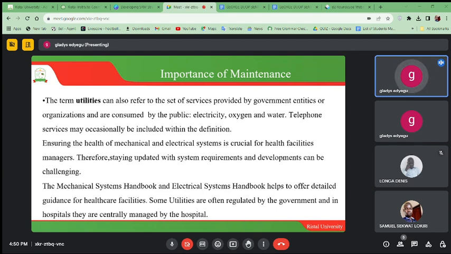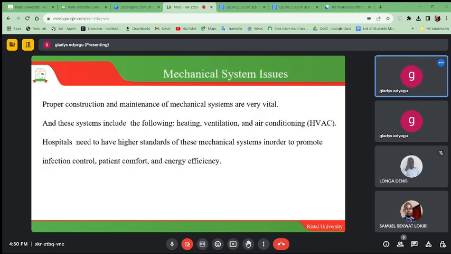So once the government is able to provide, it doesn't mean that it is also the one controlling in the hospitals. So these are centrally controlled and managed by the hospital management to see that these utilities are used adequately, managed adequately, and controlled adequately.